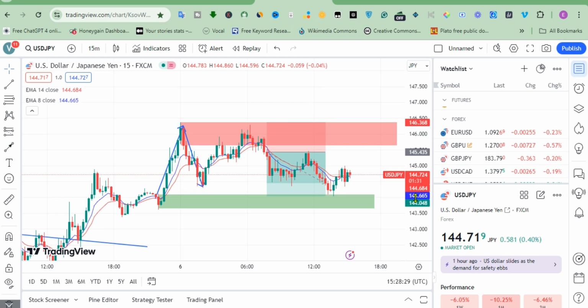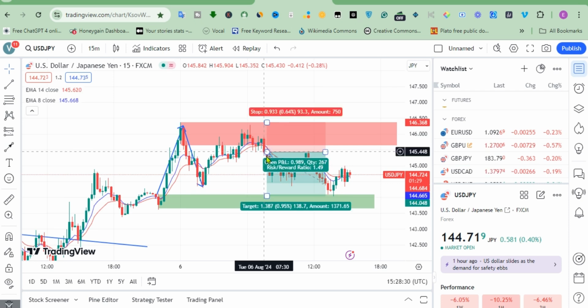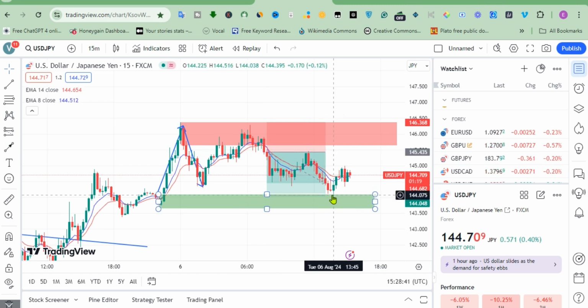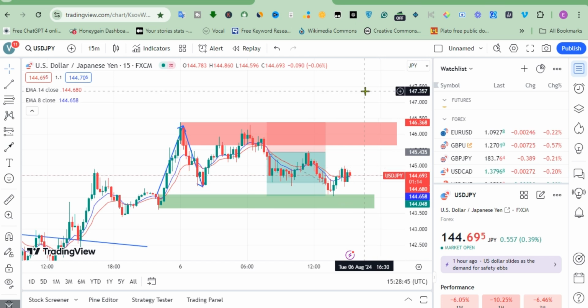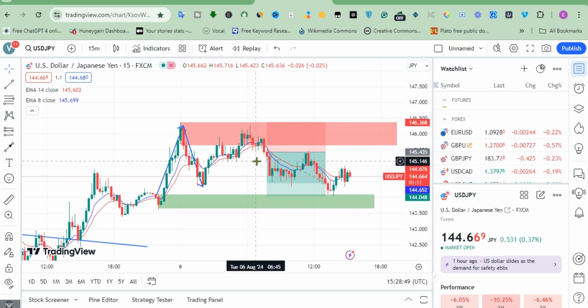So you can see what happened here. The market started going, it came up here, it goes down and touches this place. That is how to take a trade. That's how to study this.